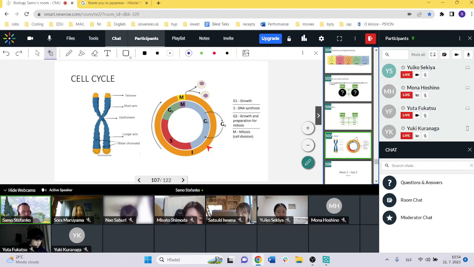Erythrocytes also remain for the majority of their life in G0. They cannot divide themselves anymore. If we want more erythrocytes, we need a transfusion, or our bone marrow needs to produce new erythrocytes, but erythrocytes themselves cannot divide. That applies also for neurons and cardiac muscle cells. So that's basically how to understand G0 phase.